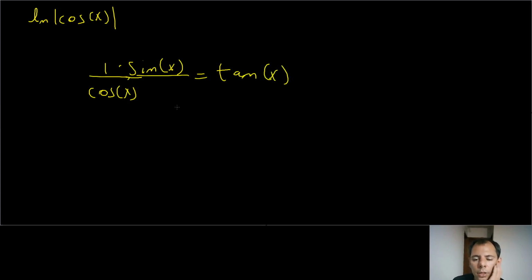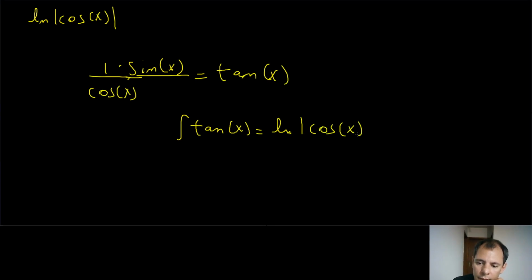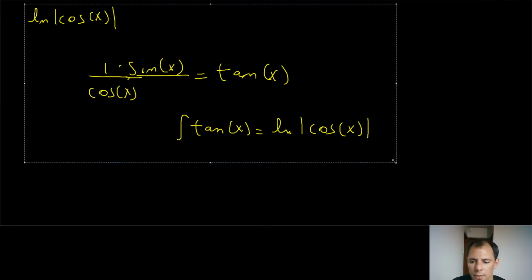So you can also do like, okay, so if the derivative of the ln of the absolute value of cosine of x equals minus the tangent of x, what is the integral of the tangent of x? Well, it's going to be minus the ln of the absolute value of the cosine of x. Okay. It's many formulas, guys. Too many formulas.